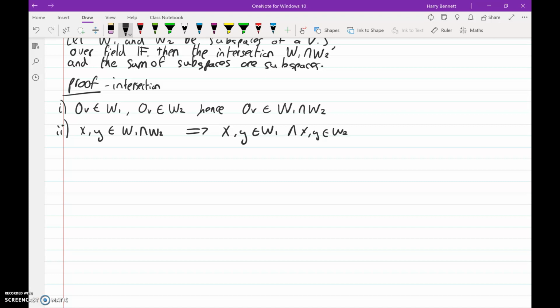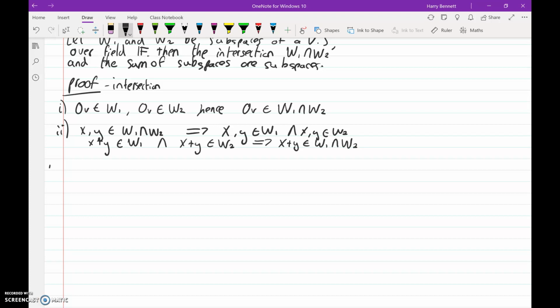Hence, this will mean that x plus y will also be in W1, since W1 is a subspace, and x plus y will also be in W2, because W2 is a subspace, and we know by the definition that it's closed under addition. Hence, this implies that x plus y is in the intersection.